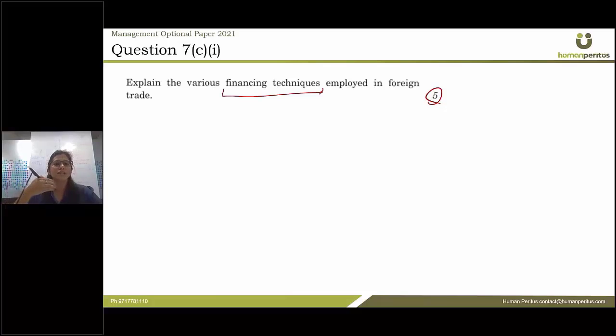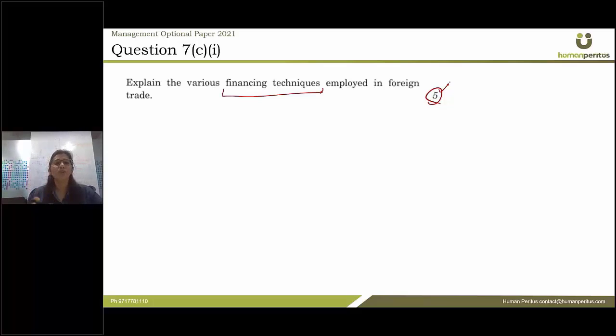So you can state this in 1 or 2 lines, and then we can move on to explaining various financing techniques. And one more thing, because of the constraint of the word limit here, because this is just a 5-marker question, there are various kinds of financing techniques, but I would advise in certain kinds of questions, you should stick to 4 or 5 maximum techniques that you explain.